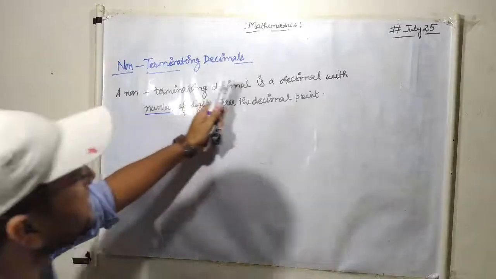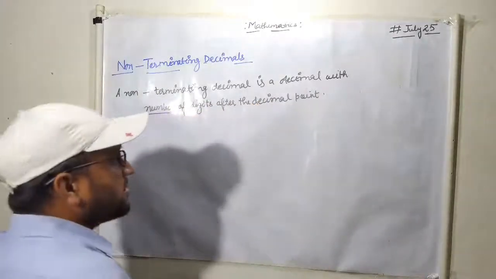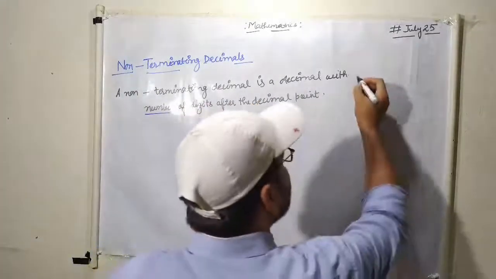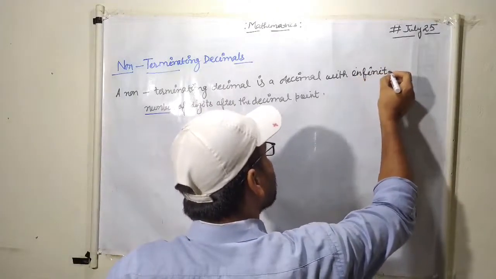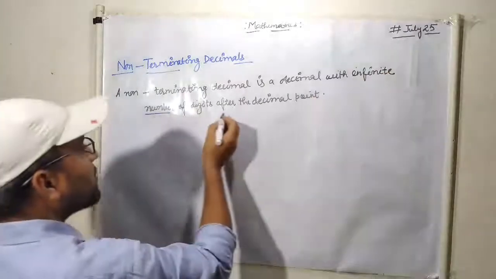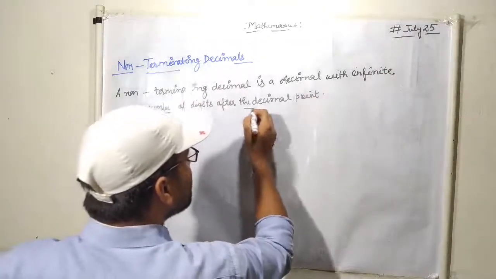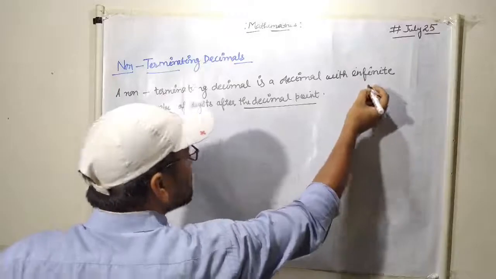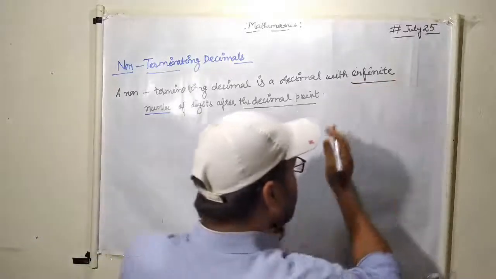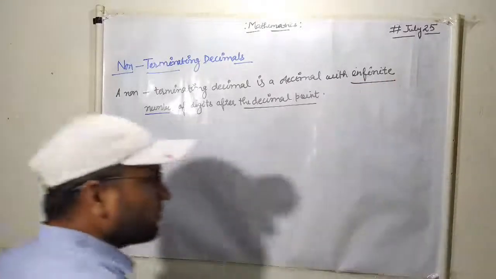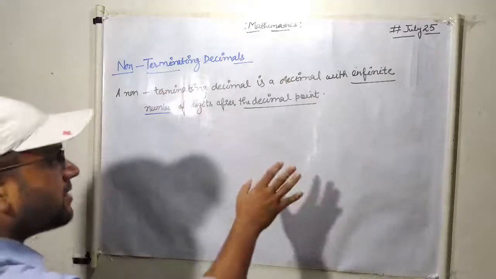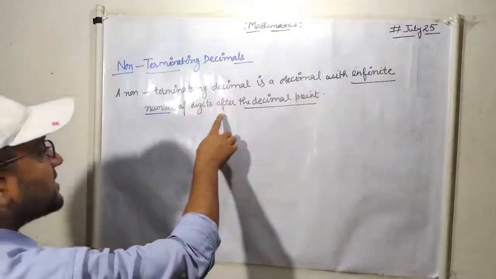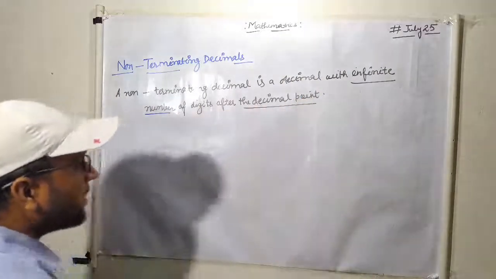A non-terminating decimal is a decimal with an infinite number of digits after the decimal point. Infinite means infinite number of digits after the decimal point.